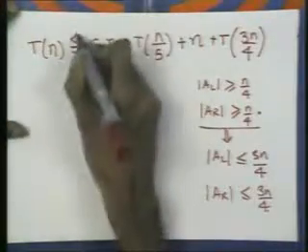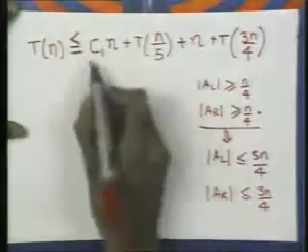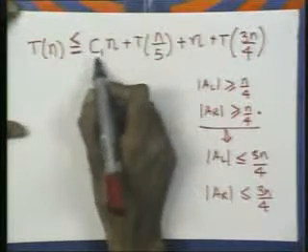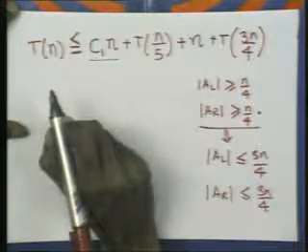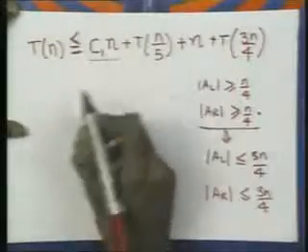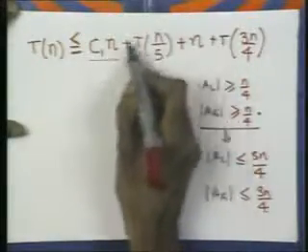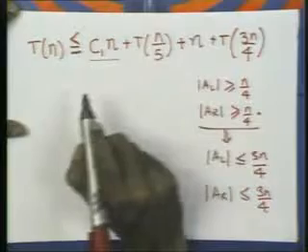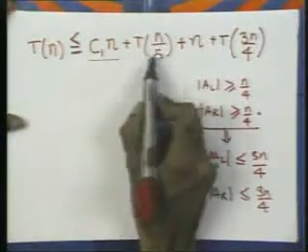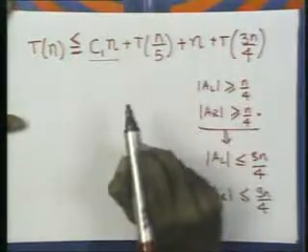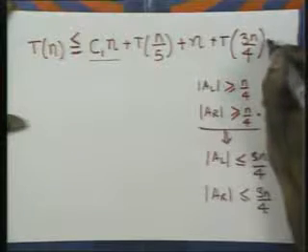So the recurrence equation I get is this: T(n) is less than or equal to C1 n. This is to find the median of these n/5 groups. Here is a recursion to find the exact median. Okay, this is the time for partitioning, and this is the last recursion.